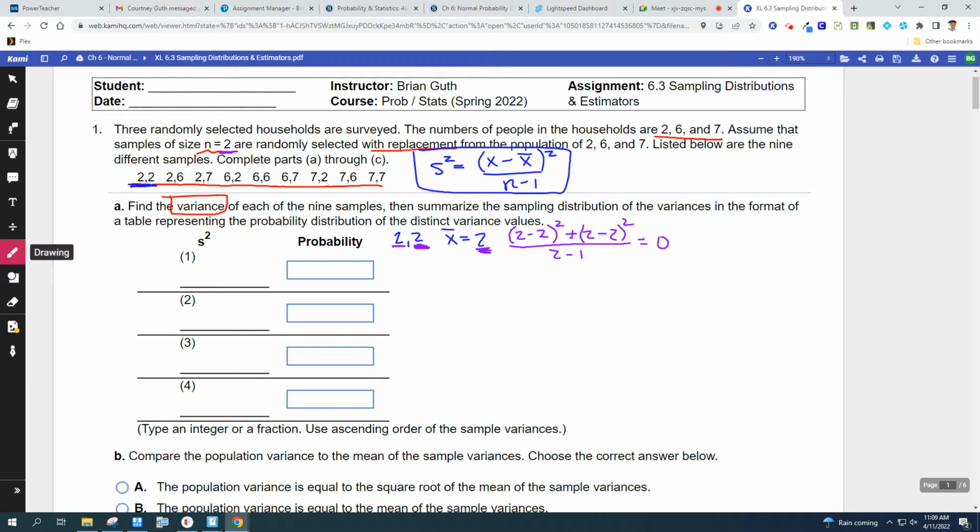Okay, so the next one I do is 2 and a 6. Now the average, or the mean of those 2, add them and divide by 2, that's 8 over 2 is 4. The average, the mean, is 4. So we do the first number minus the mean squared, and then the second number was 6 minus the mean and squared over 2 minus 1.